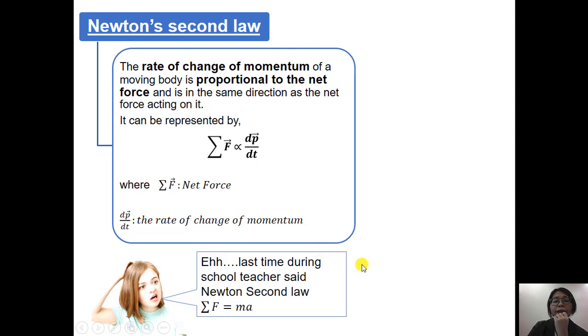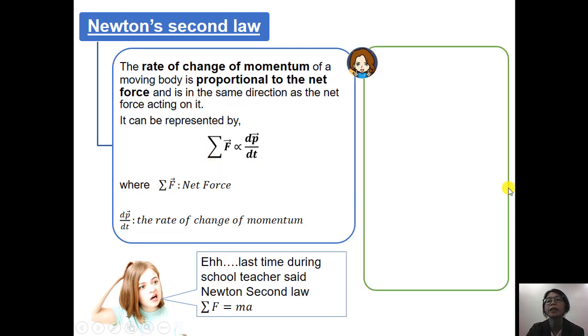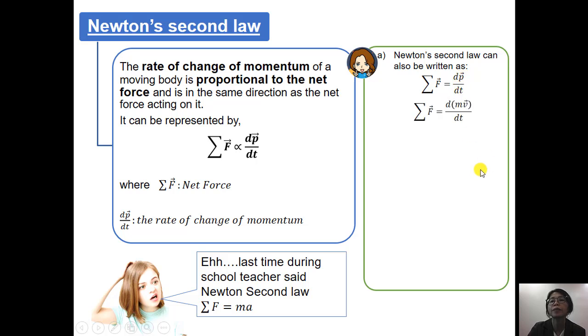Then you might be wondering, last time during school, my teacher said Newton's second law is summation of force equal to ma. So let us see how we can get this equation, summation of force equal to ma, from the definition of Newton's second law. Here we go. According to Newton's second law, we have summation of force equal to the rate of change of momentum.